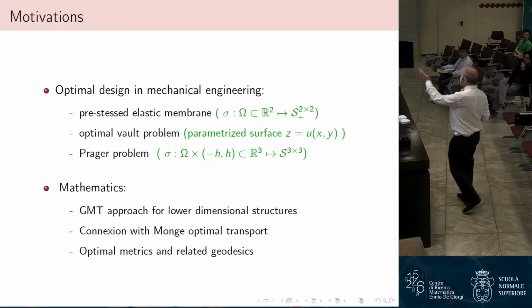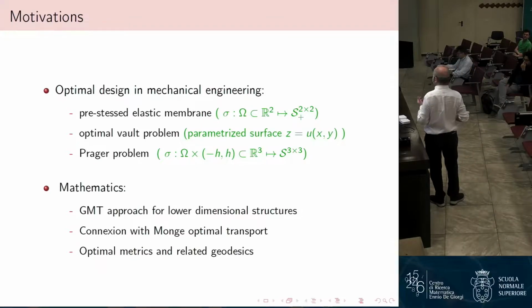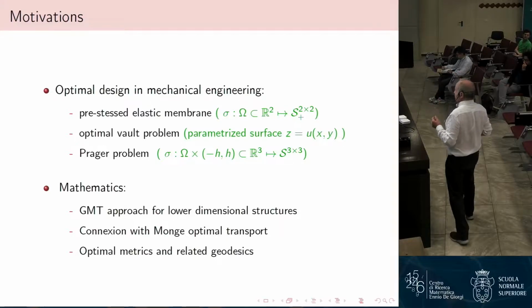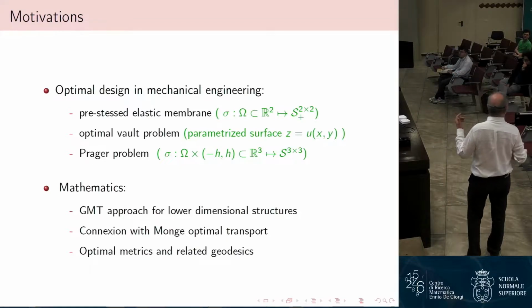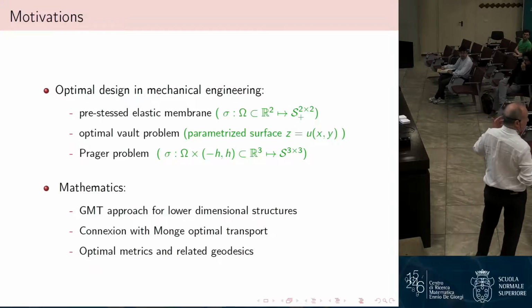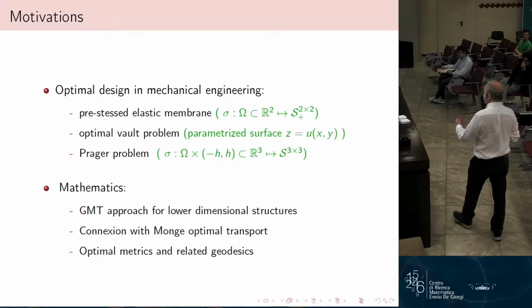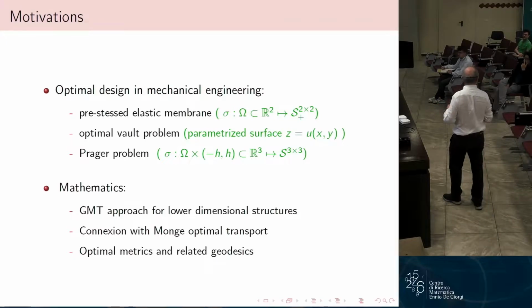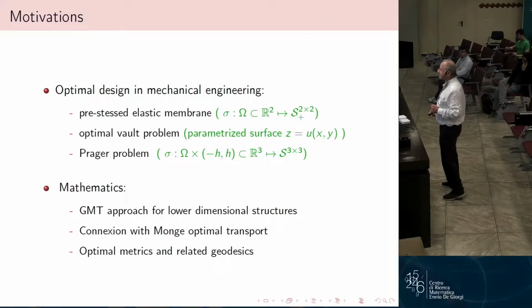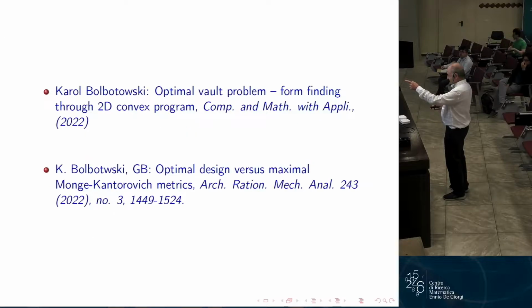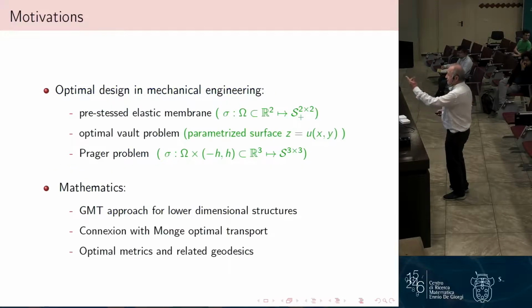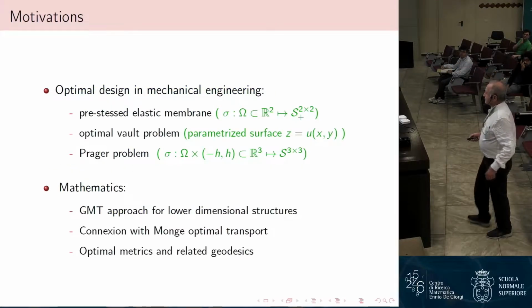You can have surfaces. If you are in R3, you don't know a priori. So, as sigma is unknown, you have to apply the theory of plates and beams simultaneously, because you don't know the dimension of the optimal structure. It is why he came to visit me in Toulon.